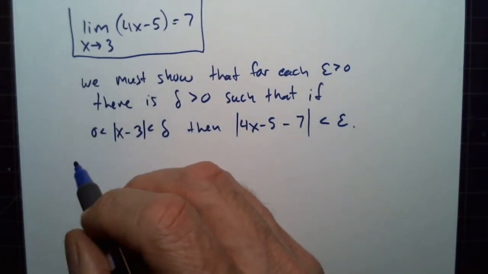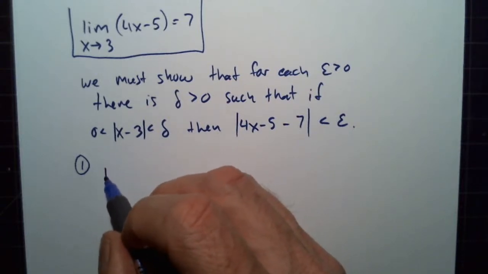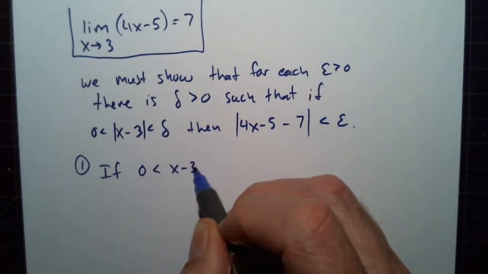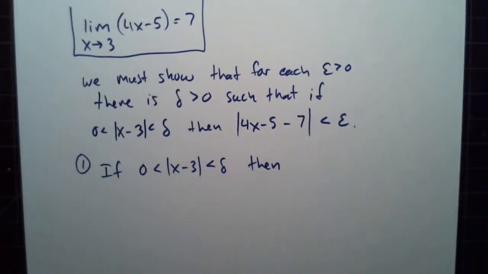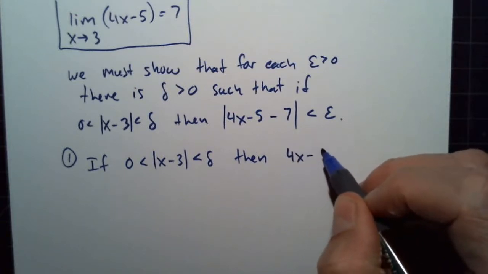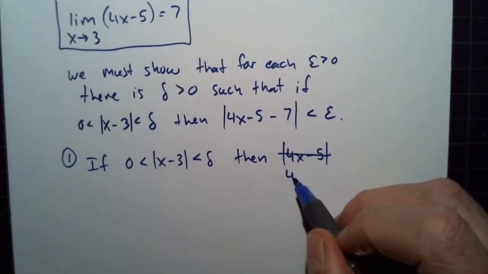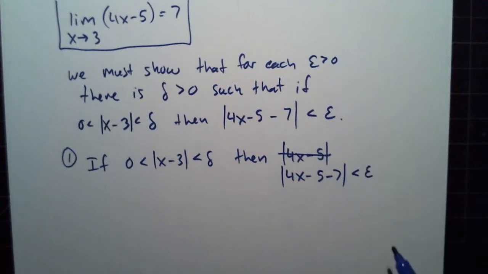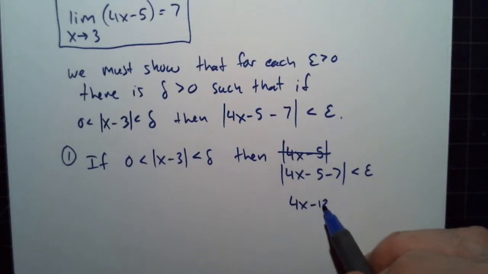So we have a preliminary step. Step 1 is where we always can start like this. If 0 < |x - 3| < delta, then we get |4x - 12|.